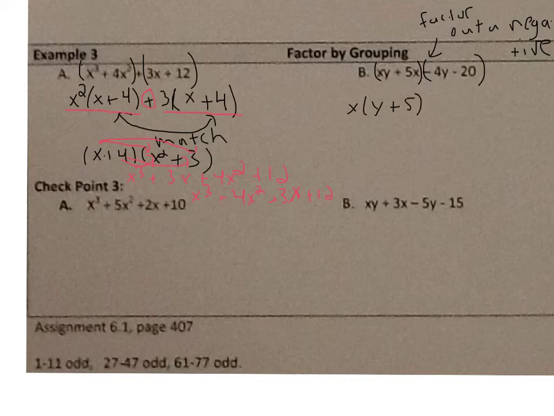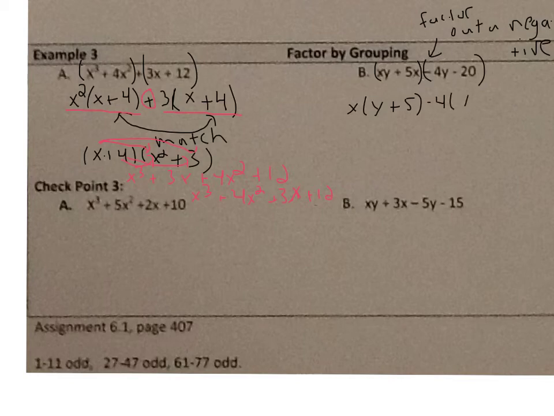And now we're looking at the second bit, negative 4y minus 20. Anytime you have a negative that's in the middle, you've got to factor out a negative. We put the negative with whatever number is the greatest common factor between 4 and 20, which is going to be 4. So we're going to factor out a negative 4.